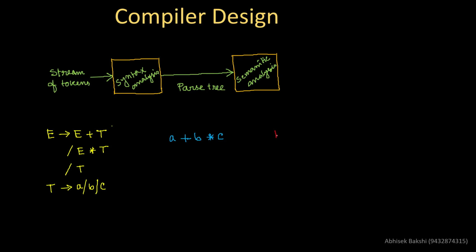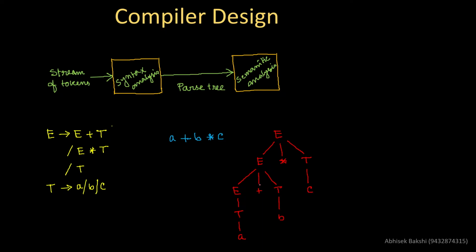It can be something like E to E star T, and this E will again be written as E plus T, and this E can be written as T, then it can be written as a, and this T can be written as b, and this T can be written as c, right?